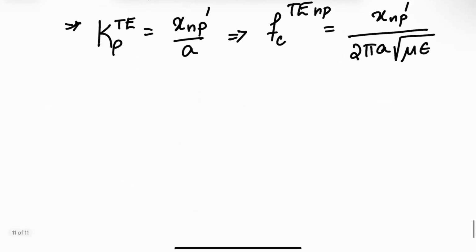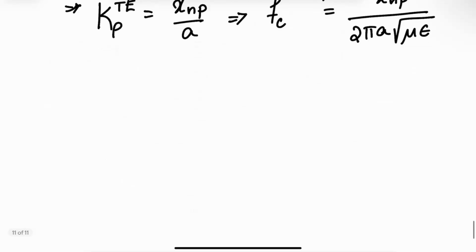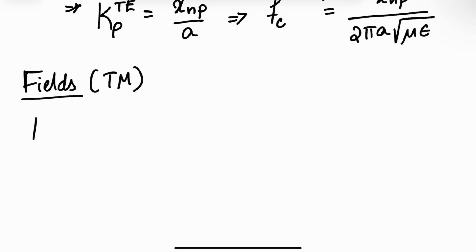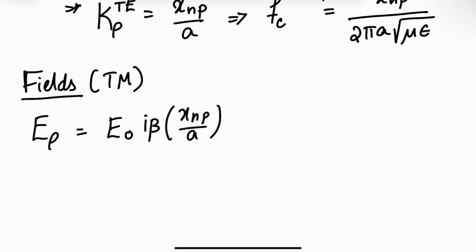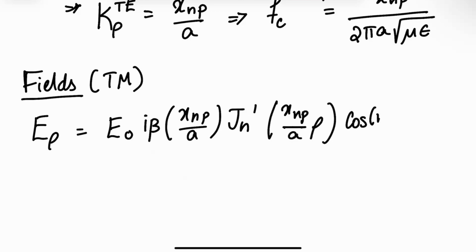Of course, you can also get the fields. I won't write all of them, maybe just a couple. For TM modes, the E rho component is some constant E naught, times i beta, times xnp over a, times Jn prime of xnp over a rho, times cosine n phi, times e to the i beta z.